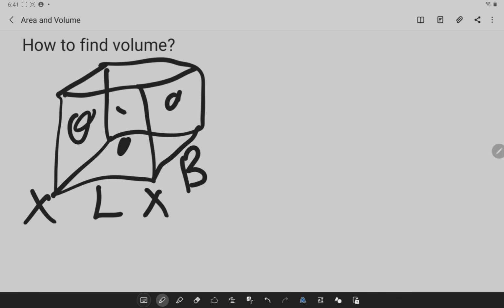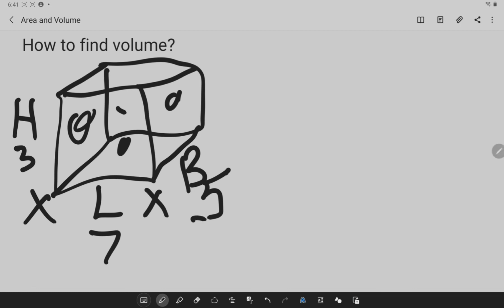So we will add a new unit, which is height, to find the volume. Now, if the height is 3 units, the length is 7 units and the breadth is 5 units, when we multiply these three, we will get its volume.